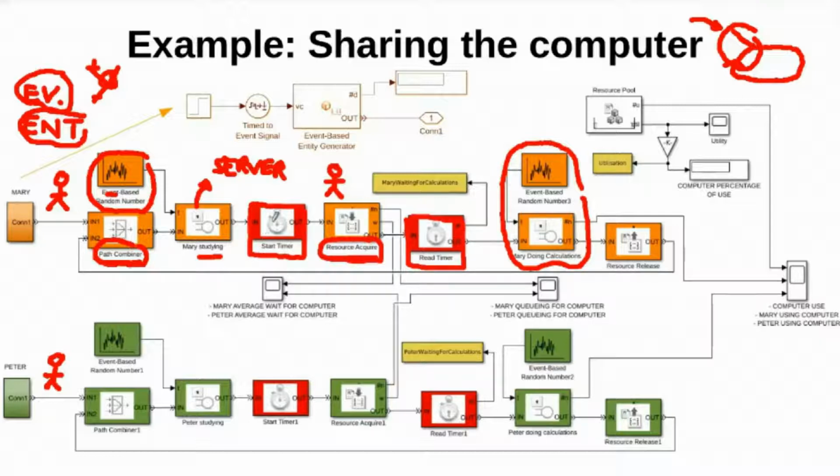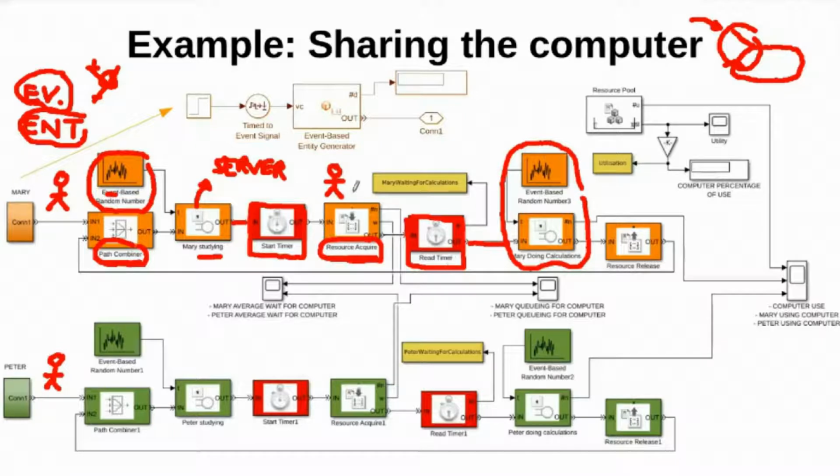Because here I start literally the timer. That means that when Mary gets out of the studying process, the timer is set to 0, okay? And then if the calculator is available, the time that Mary will spend from here to here will be 0, such an immediate process. So the read timer will measure 0 seconds, 0 minutes. That's the idea.